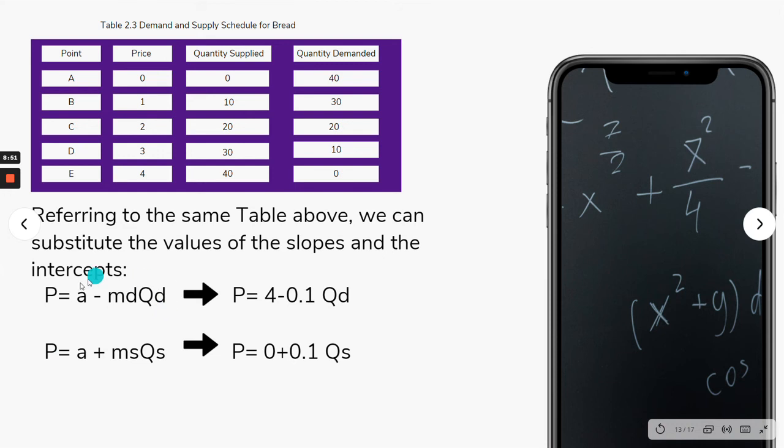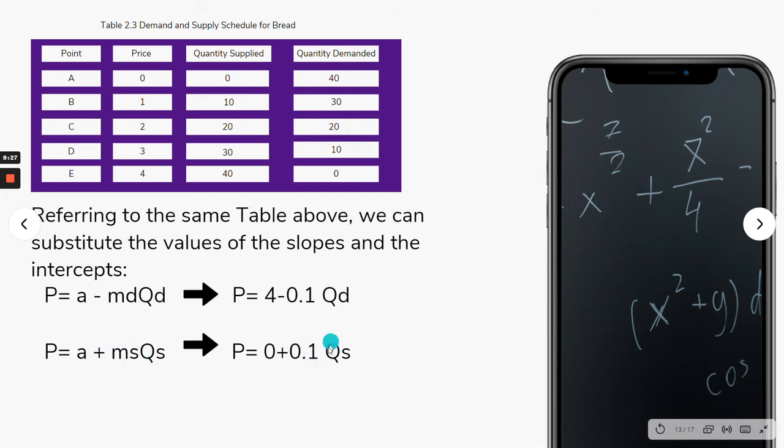This is the formula to solve the market equilibrium. So P is equal to 4, our intercept here, if you will notice in our graph, the intercept is 4, minus 0.1, our slope, times QD. And then the intercept in the supply is 0 plus 0.1, which is the slope of the supply, times QS.